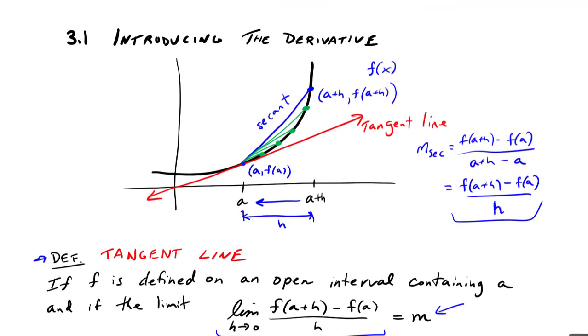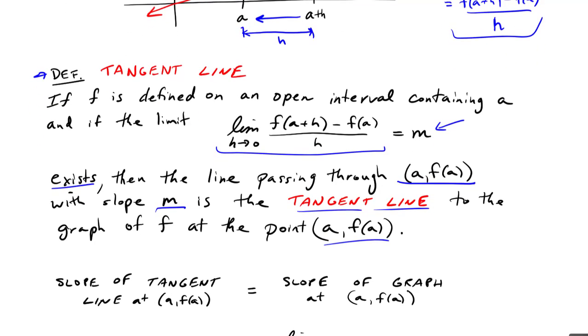The line passing through A, f of A and has slope m. Okay? So that's what we're getting.